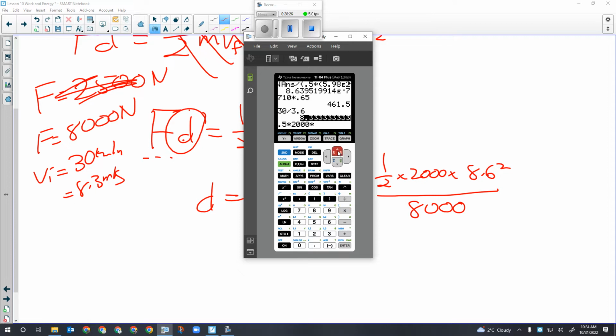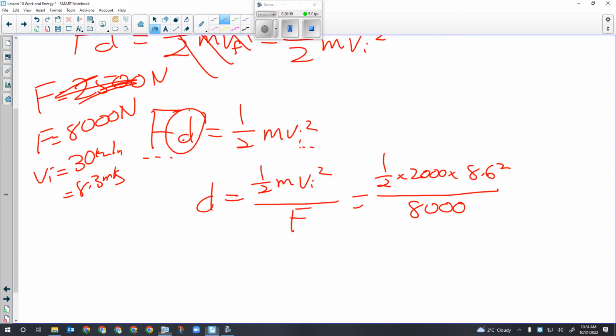Sorry, 8.3, it's not supposed to be 8.6. It's supposed to be 8.3 squared. Divide that by 8,000. So I will travel 8.68 meters before I stop.